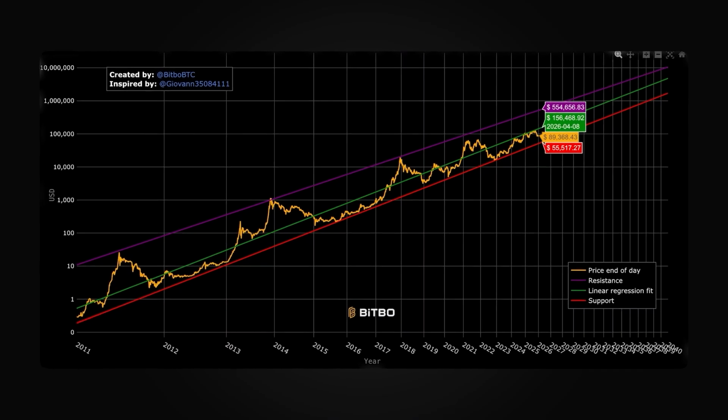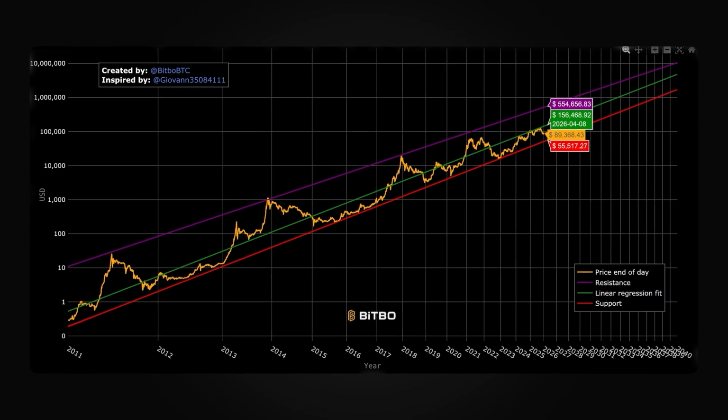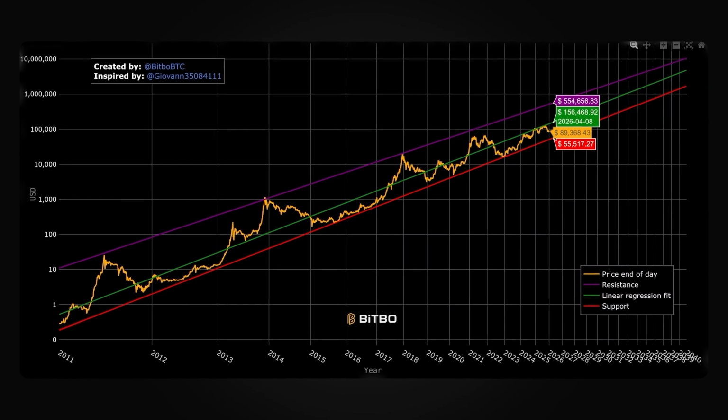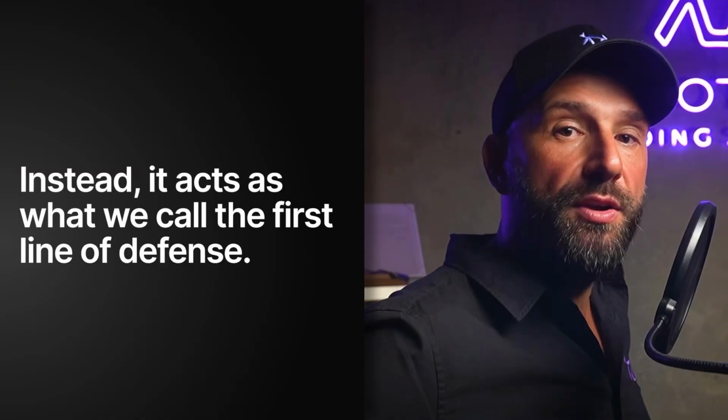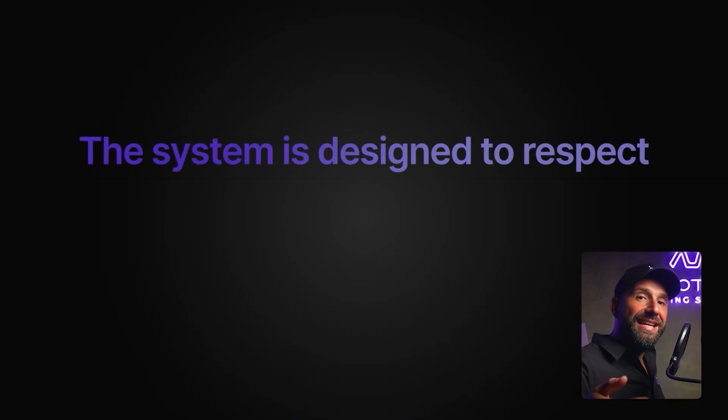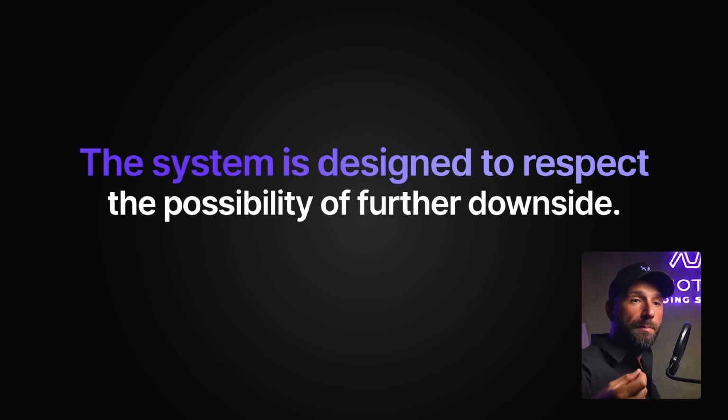Within that framework, the lower power law region, its support, functions as a statistical reference point rather than a prediction. It is not treated as inviolable or guaranteed. Instead, it acts as what we call the first line of defense, a zone where risk management decisions begin, not where certainty is assumed. So even here, the system is designed to respect the possibility of further downside, because robustness comes from preparation and not from belief.